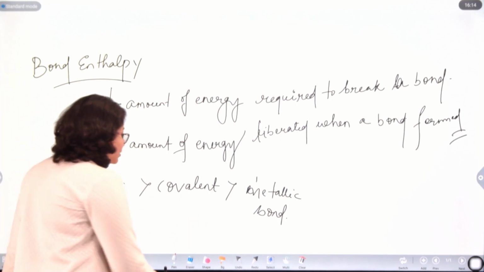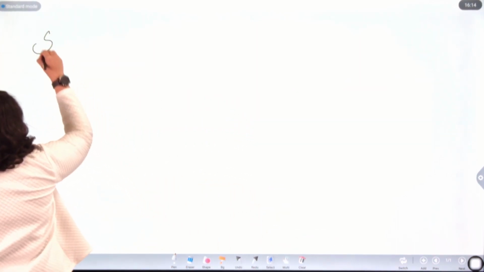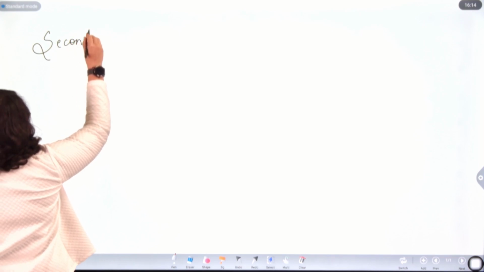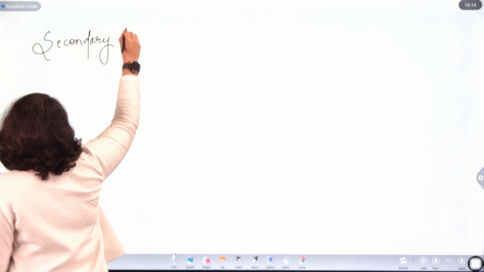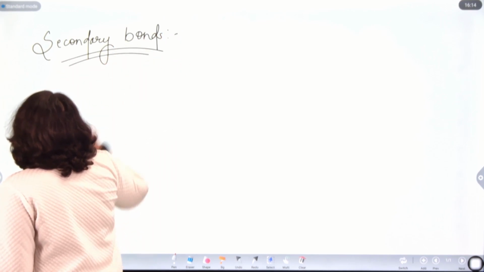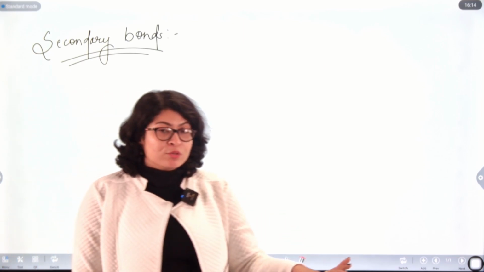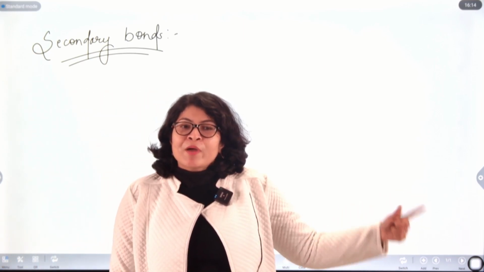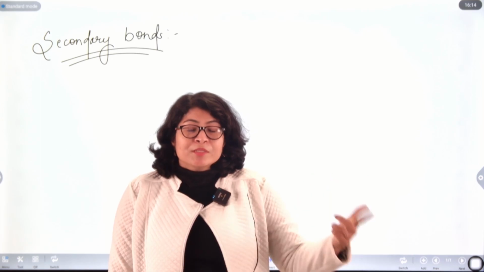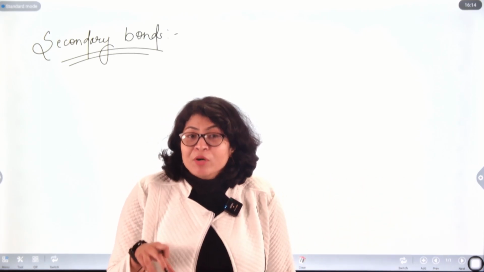Moving on to the last part, which is secondary bonds. Now, when I'm saying secondary bonds, then there will be some primary bonds also. So ionic bond, covalent bond and metallic bonds form the primary bond category.